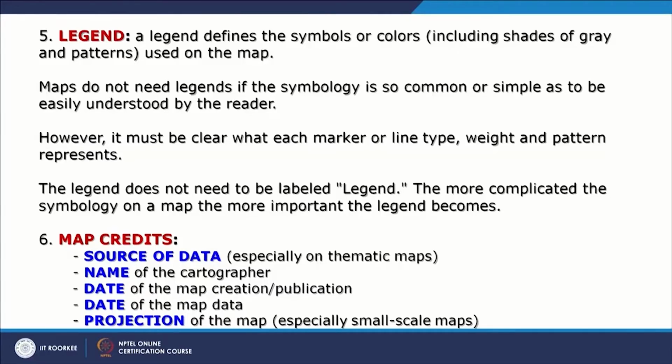So, the source of data will also save you, especially on thematic maps. If I am taking, say, the contour lines, then I must mention that these contour lines are coming from Survey topo sheets. If I am using some forest cover information, I must tell that it is coming from there.